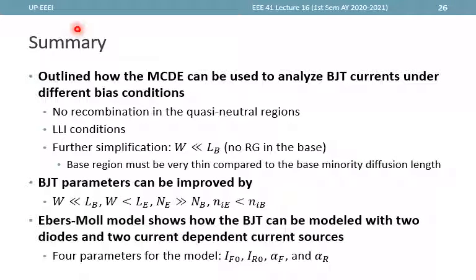So in summary, we have outlined how the minority carrier diffusion equation can be used to analyze BJT currents under different biasing conditions.